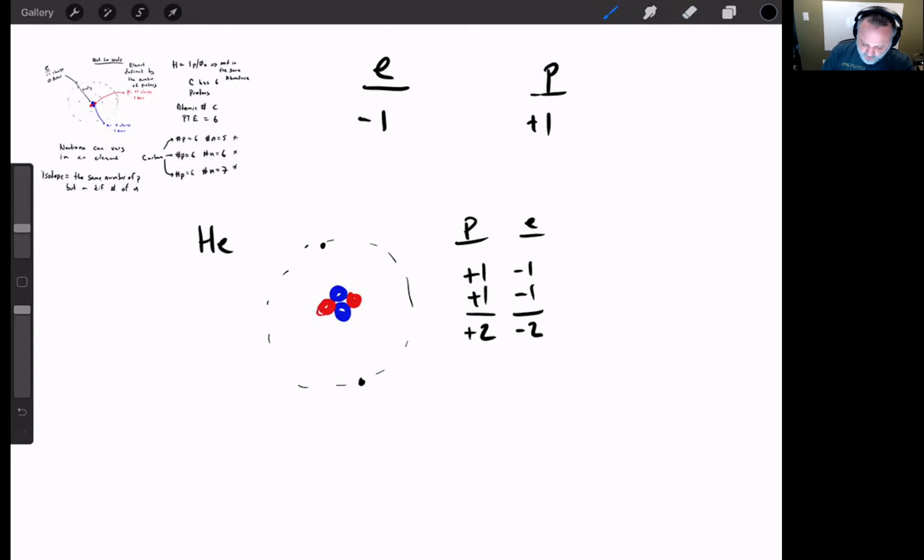So then what's the overall charge? +2 -2. I know that's really difficult math, but 2 minus 2 is 0.